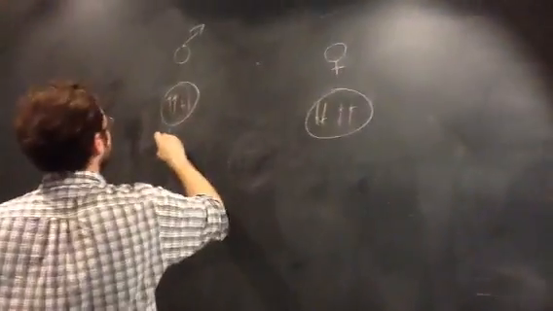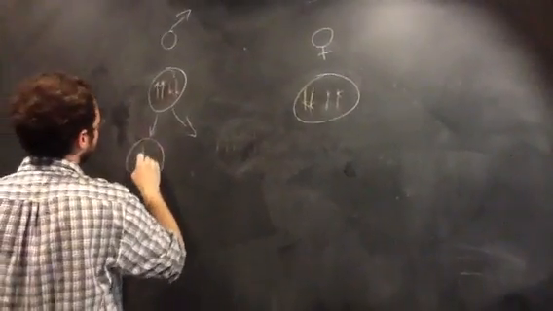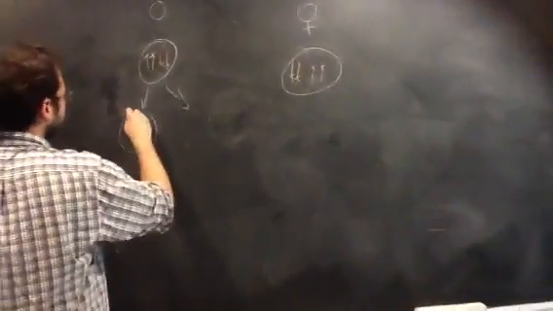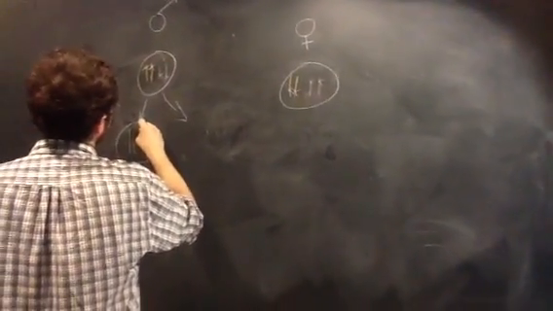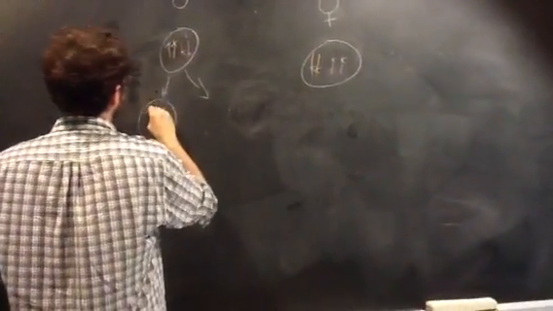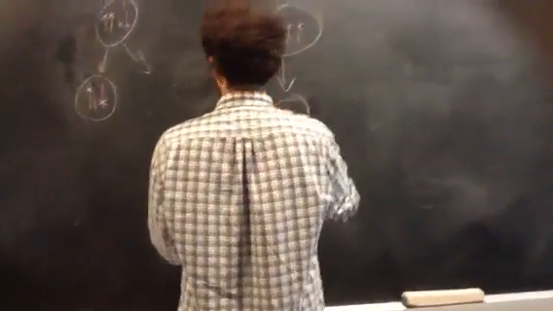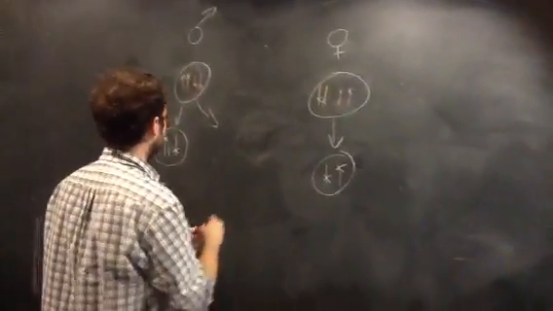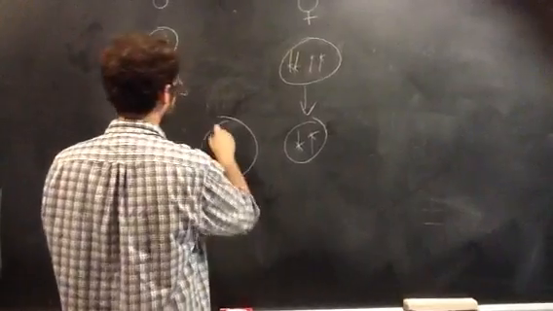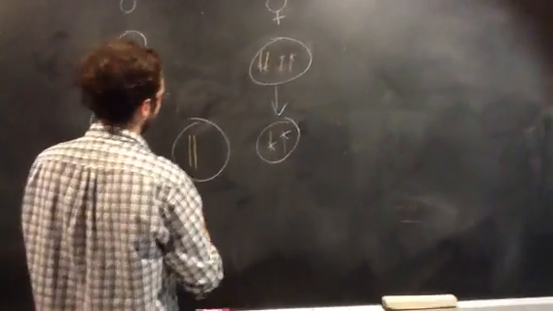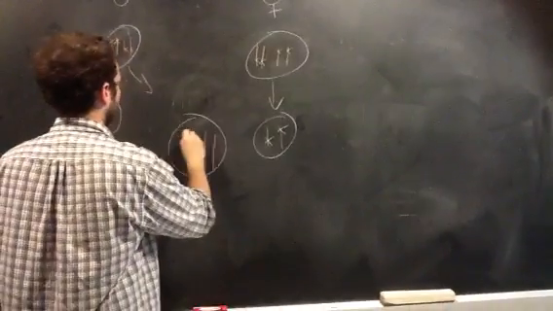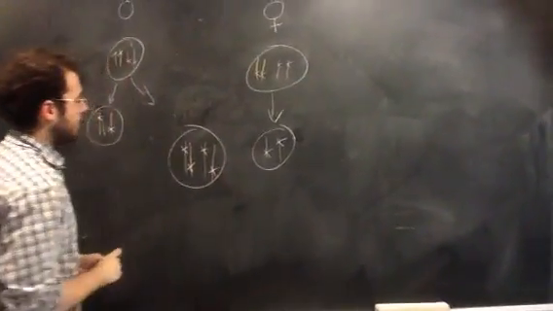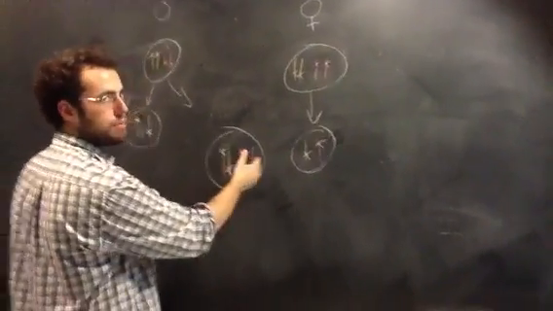So when it makes gametes, it's going to be one or the other, and then when those fuse, you'll have one from the mother, right? One from the father.